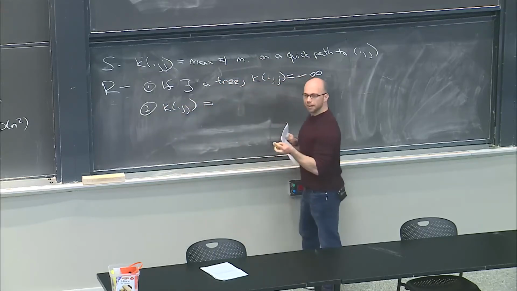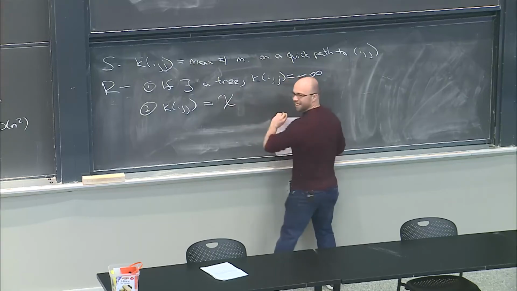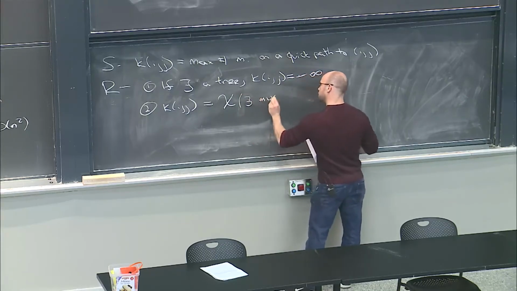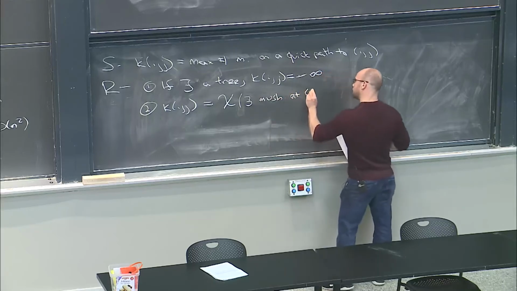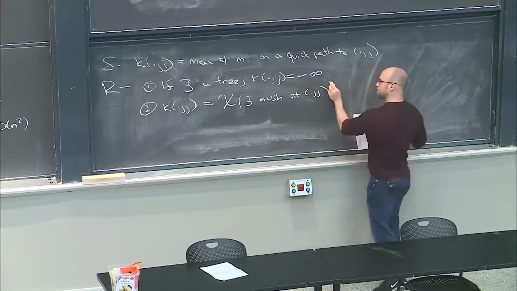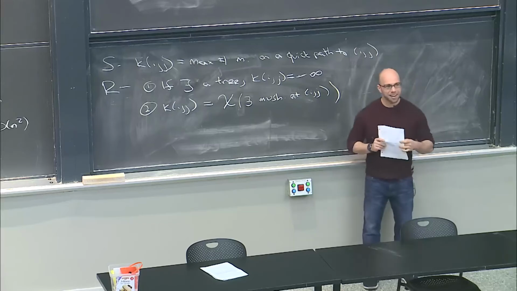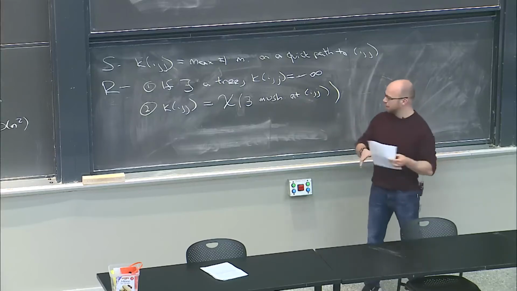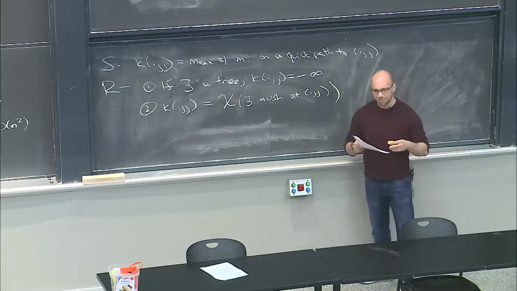I'll use unnecessarily fancy notation. This is an indicator of whether there exists a mushroom at position ij, meaning this is a 1 if there is, and there's a 0 if there's not. Sometimes this is indicated with a 1 with a little subscript, but whatever.